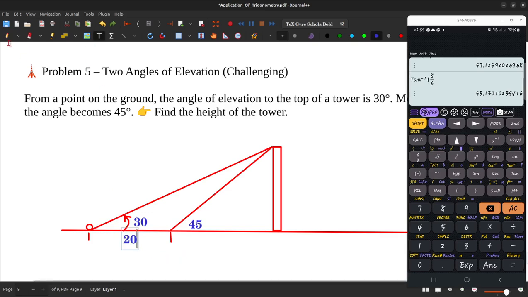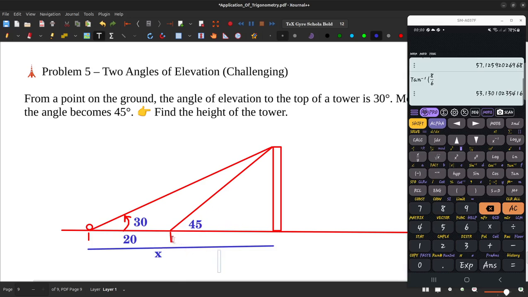So if I decide to call this whole distance from the point to the base of the tower x, this is distance x.